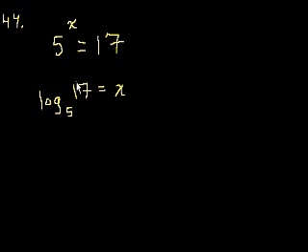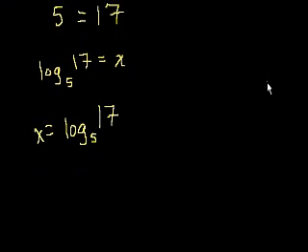But of course, that's not one of our choices, and this is fairly useless on your calculator because you don't have a log base 5 button. So let me write it this way: x is equal to log base 5 of 17, just because it's easier for me to deal with. I proved this in previous Khan Academy logarithm videos, but there's just a general property.